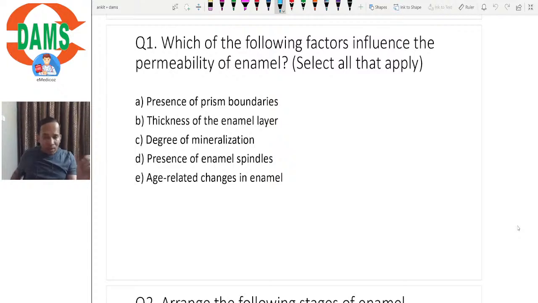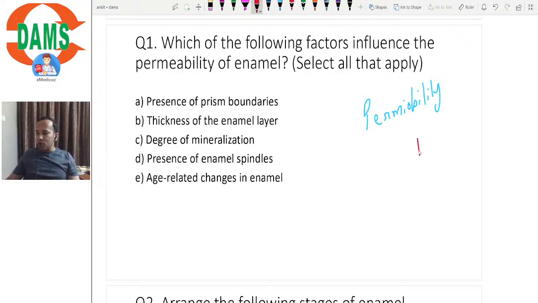Good evening, Tanvi. So let's start with this first question. Which of the following factors influences the permeability of enamel? Now you have often got a question on the permeability of dentine, right?